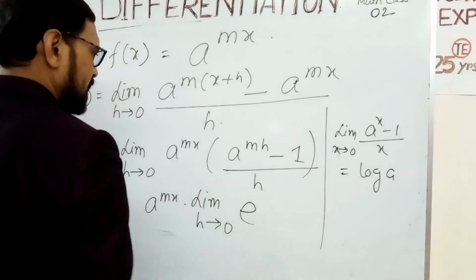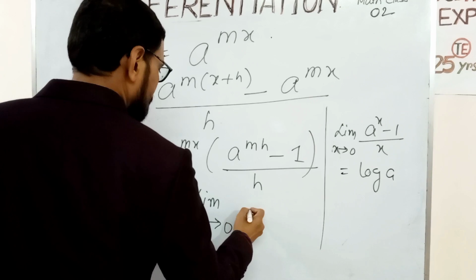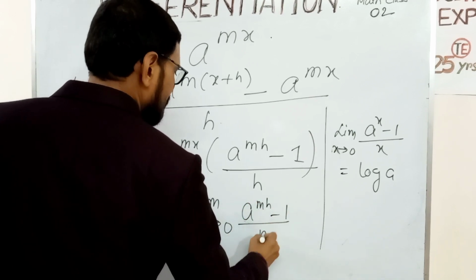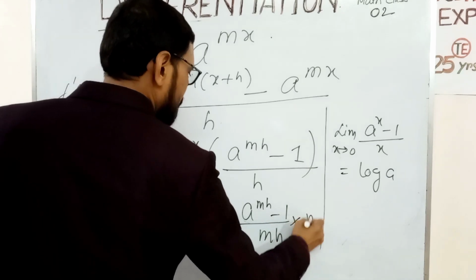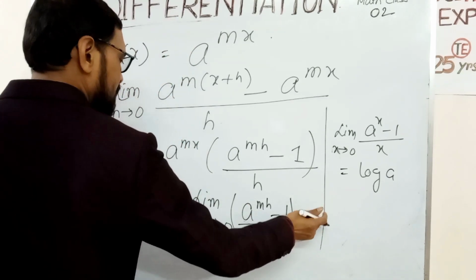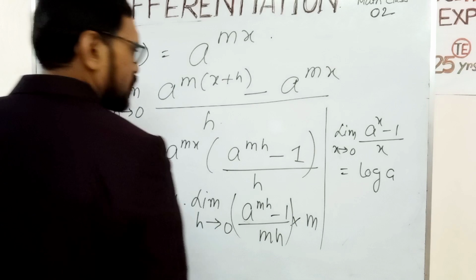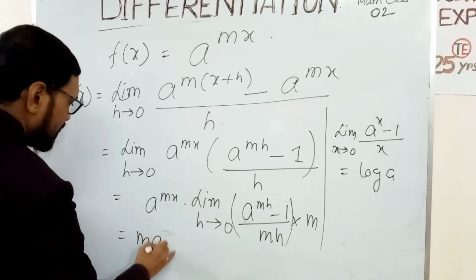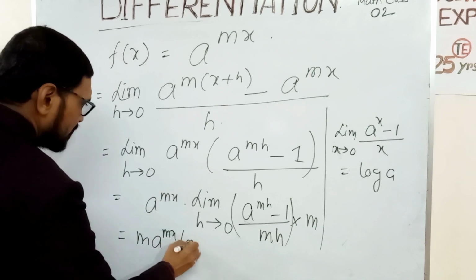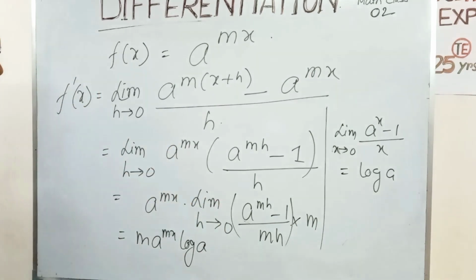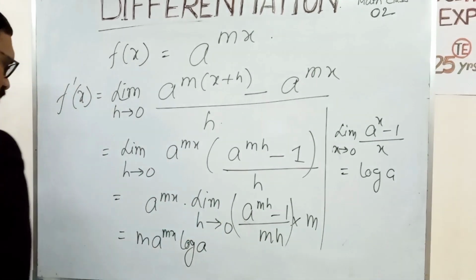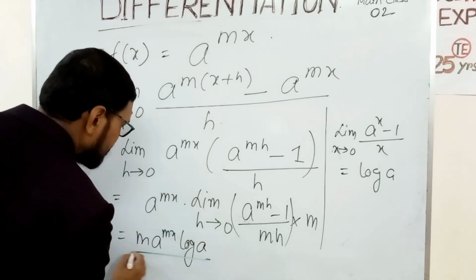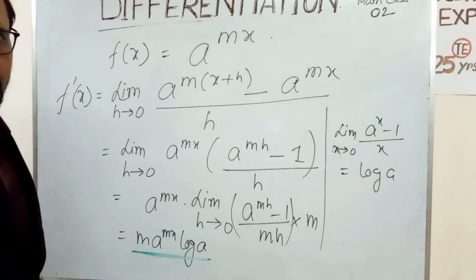So if we adjust, (a to the power mh minus 1) by mh into m, if we adjust m in numerator and denominator, this is the formula of log a. So the derivative of a to the power mx becomes m into a to the power mx log a.